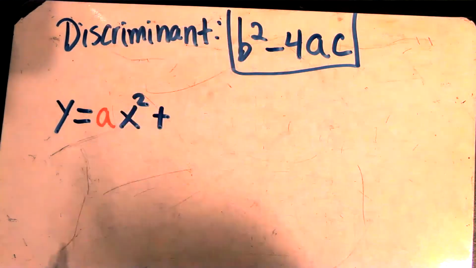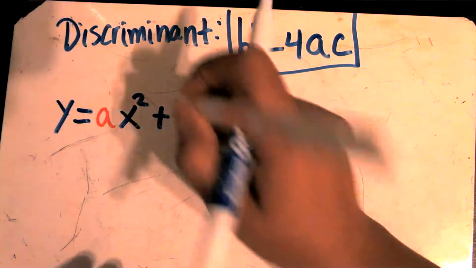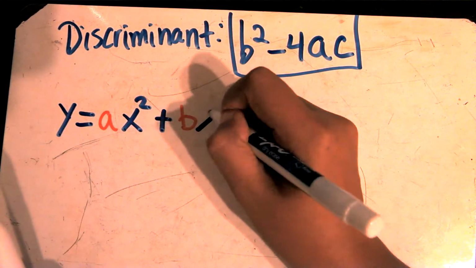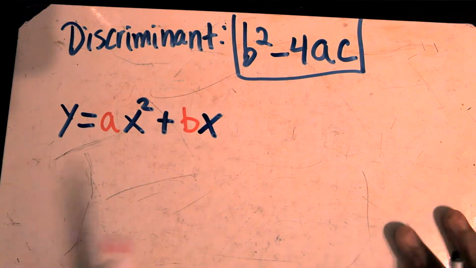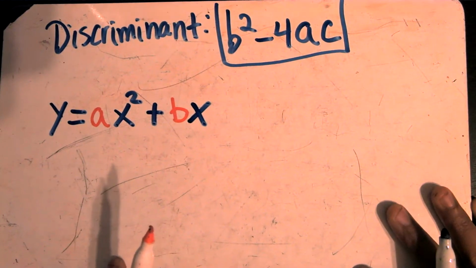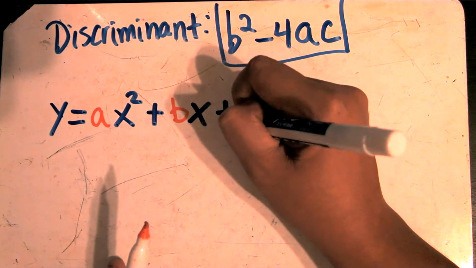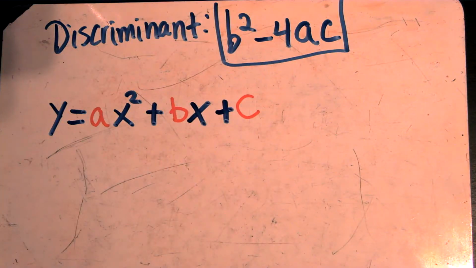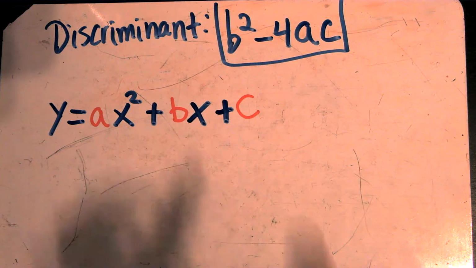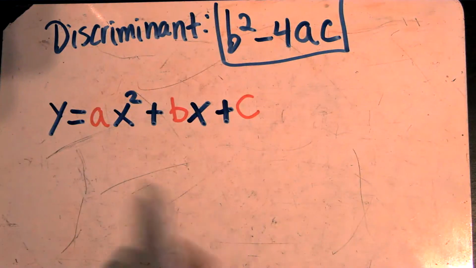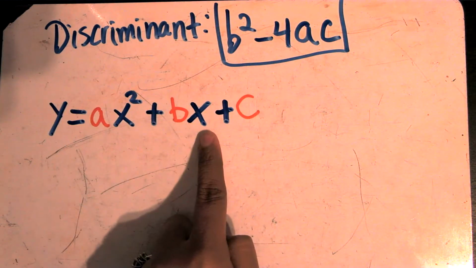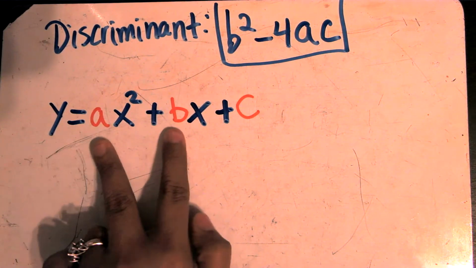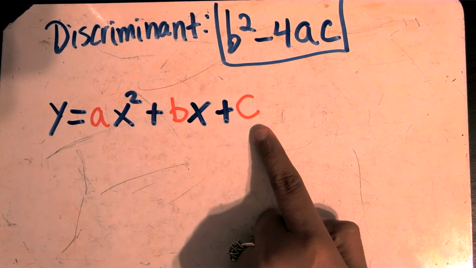The b represents the coefficient in front of the x term in a quadratic function. And the c represents the constant. So b, a, and c are not the variables in the terms, but they are the coefficients or the constant.